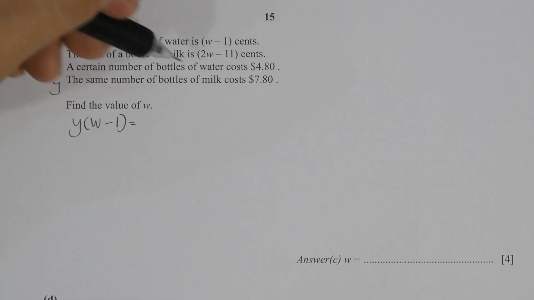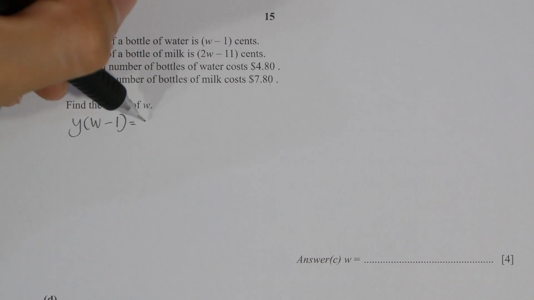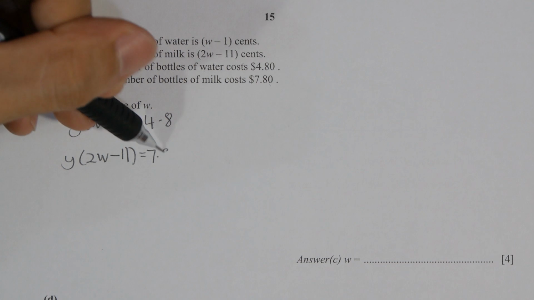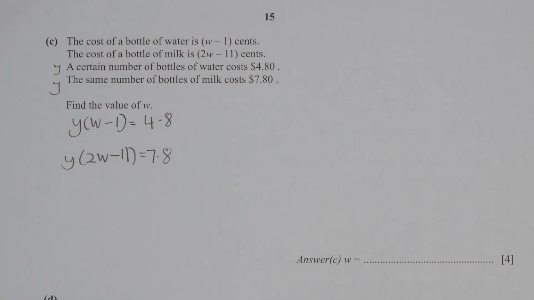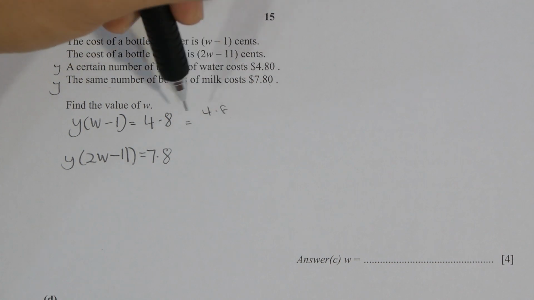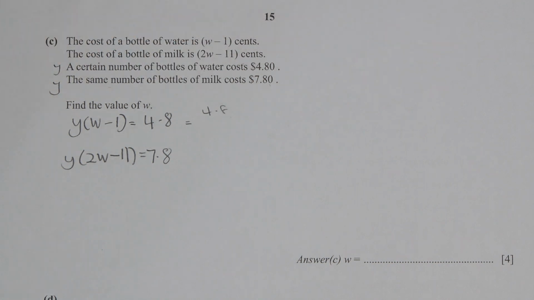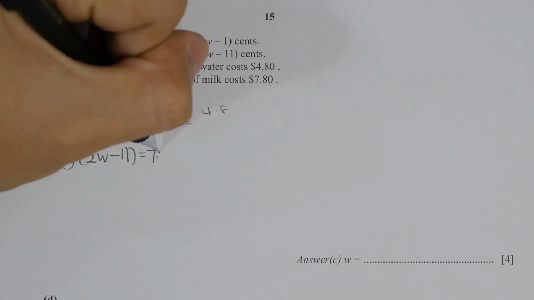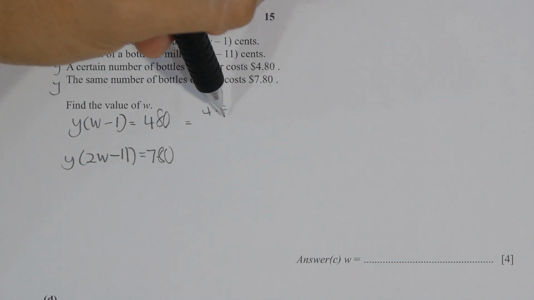So y times W minus 1 equals 480, and y times 2W minus 11 equals 780. By running a calculation and comparison, you will get W as 25.